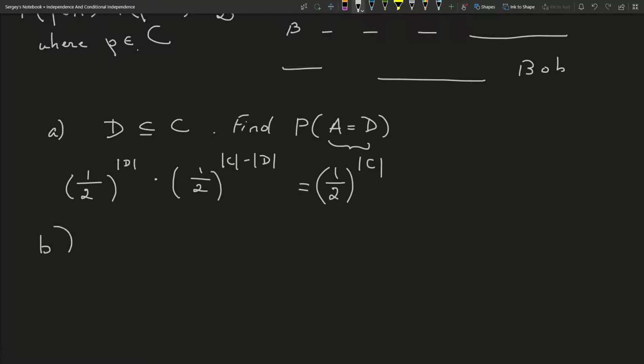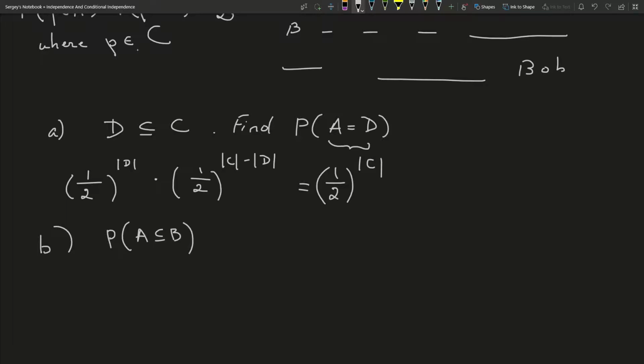Now in part B, we're asked to find the probability that A is a subset of B. So what does this imply? This says that for every person who is friends with Alice, we'd like to know the probability that they're also friends with Bob. Now remember that these friendship statuses are independent of each other.